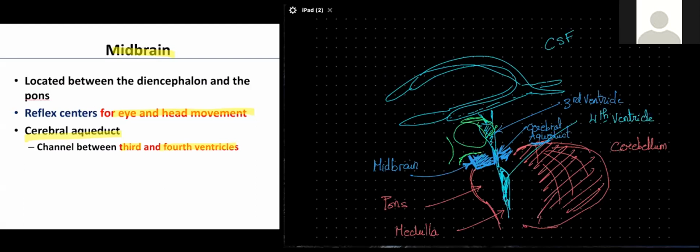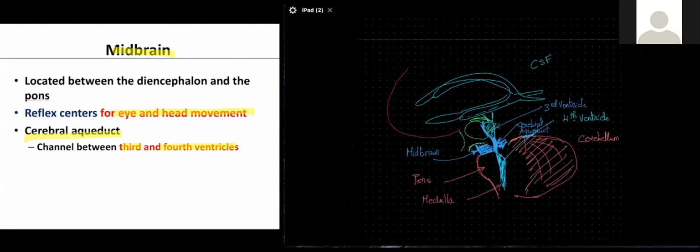So the cerebral aqueduct is the duct that will be allowing the cerebrospinal fluid to travel down from the third ventricle embedded in the diencephalon to the fourth ventricle located between pons and medulla on one side and the cerebellum on the other side. All right, this is how the whole brain can look like. And we're looking on the inside of the brain.